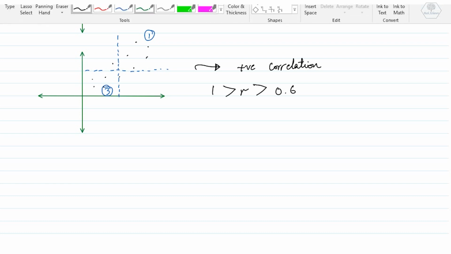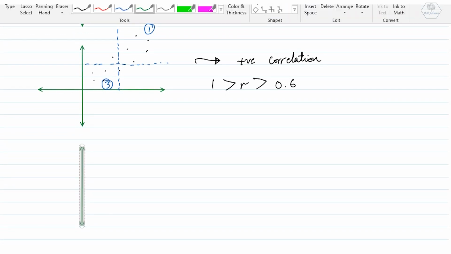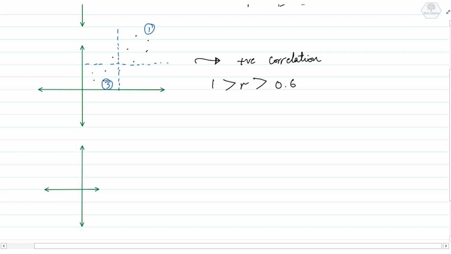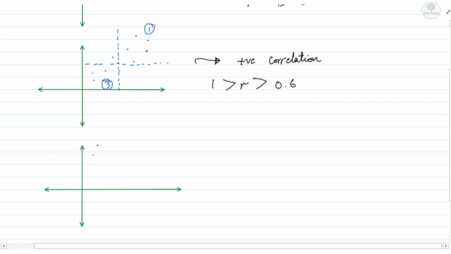For our negative correlation, let's draw our axis. My points will be like this.